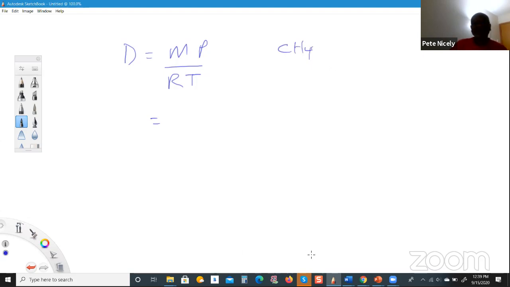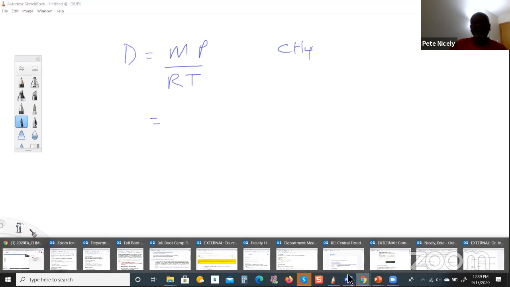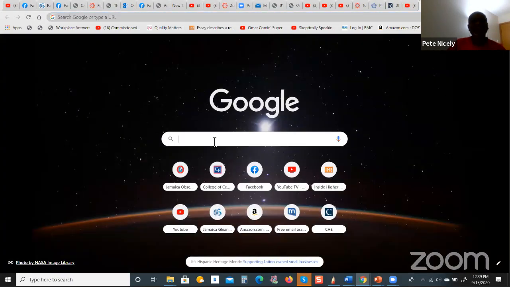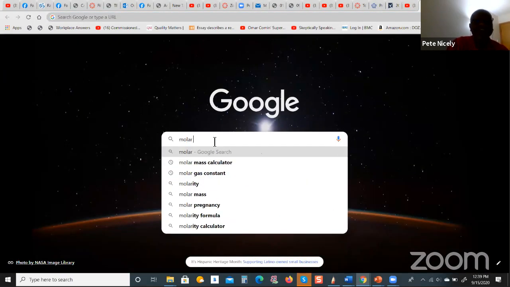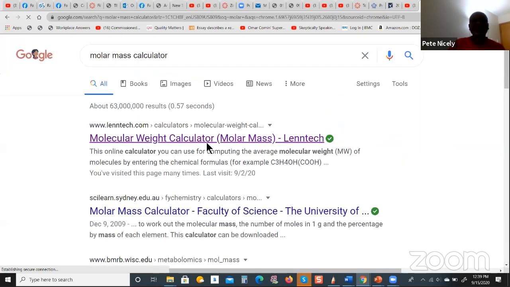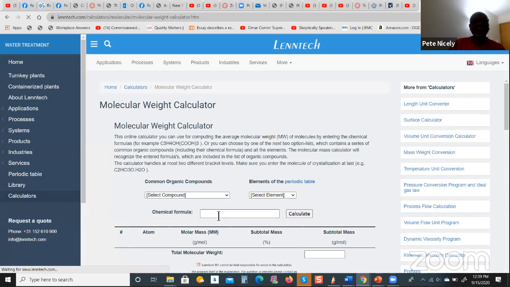Being the lazy person I am, I'm going to go to my trusty molar mass calculator, and I'm going to put in the formula for methane. I know it's 16 point something, I just don't remember exactly what, CH4.